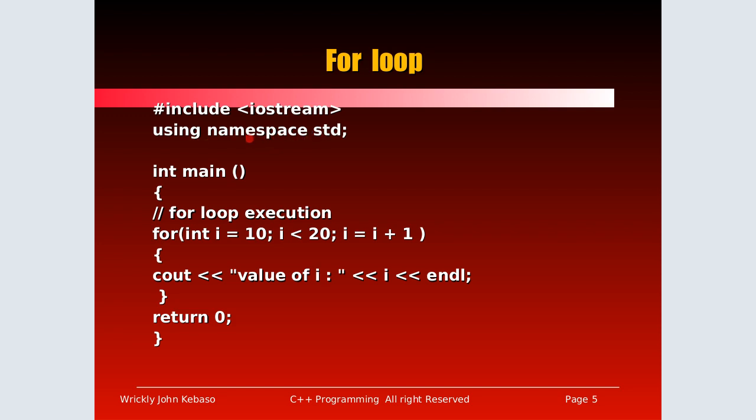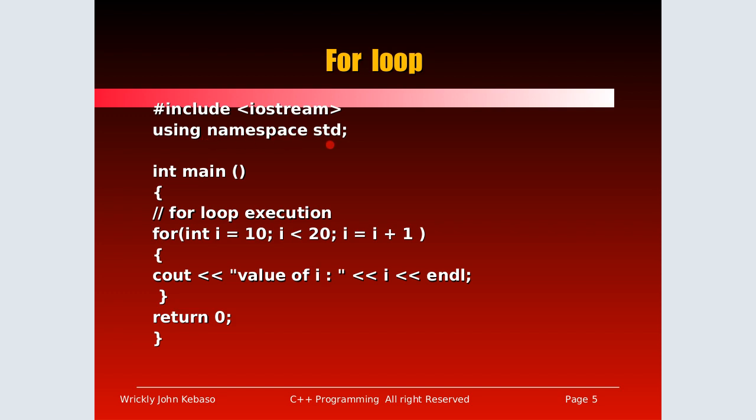Hence, using namespace standard. So the question comes in, what is namespace standard? Namespace standard is actually the location where header files are stored. So one of the header files we are looking for at this particular time is iostream. So the compiler will go to a place called namespace standard and get that particular header file.